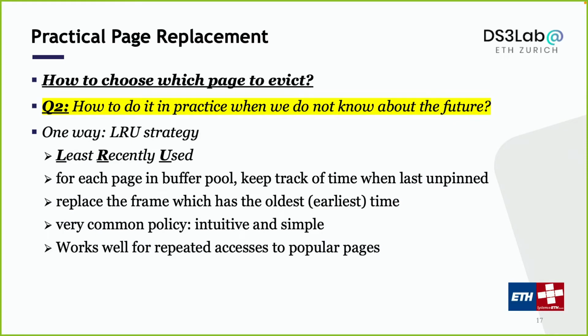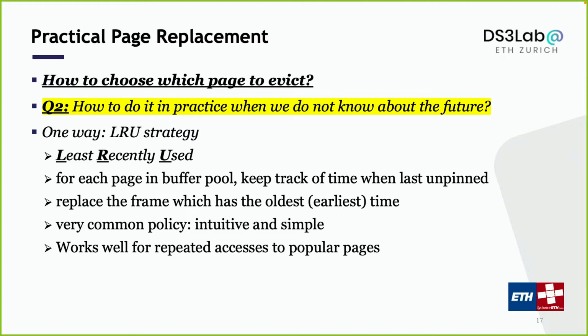But often in practice, in more cases, you actually do not have access to the future. Okay? So what should you do in practice? There are multiple strategies you can use, depending on your assumptions about your workload. The most popular strategy is called LRU, least recently used. Essentially, for each page in the buffer pool, you keep track of the time when it was last unpinned.